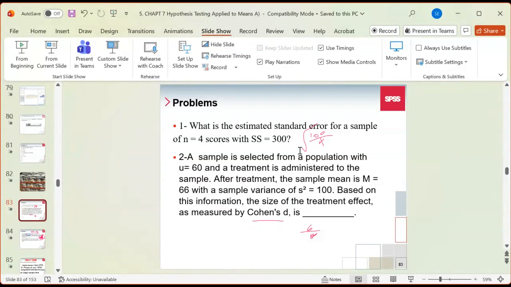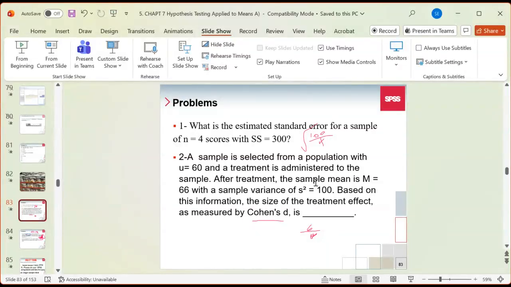You calculate the variance, which is 300 divided by 3, that's 100, and then 100 is your numerator divided by n, which is 4. 100 divided by 4 is 25. The square root of 25 is 5. So that's the answer for that one.